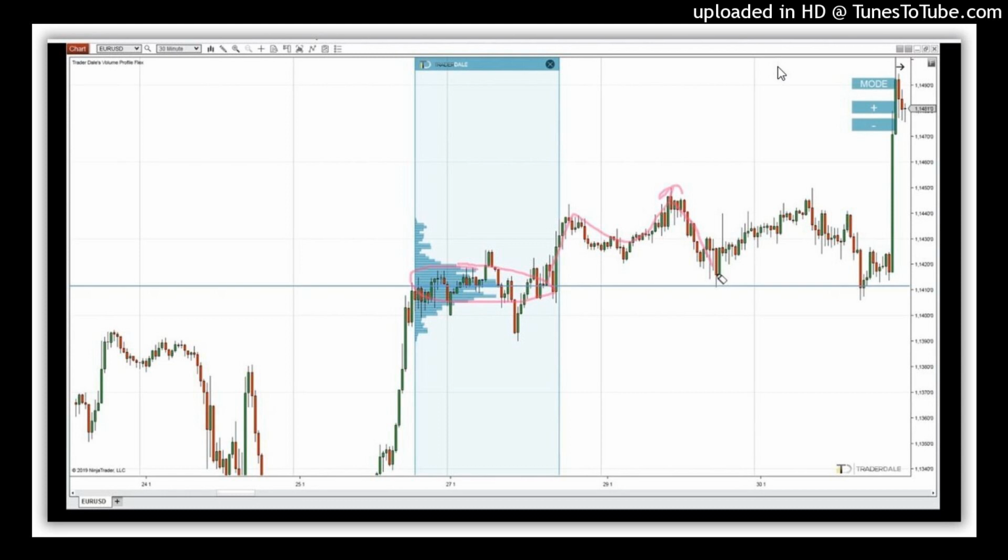Another nice reaction. Another one is in here as a rotation followed by strong selling activity. The short is from here. This is the reaction.